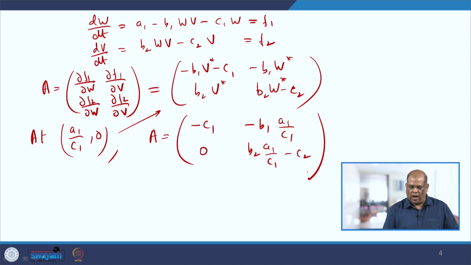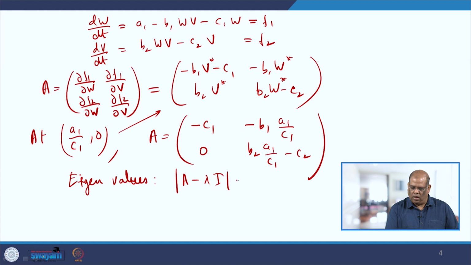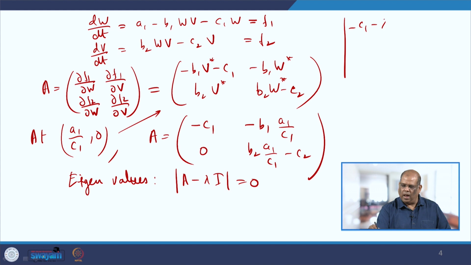If I want to calculate the eigenvalue, which is straightforward, A minus lambda I equal to 0. So, I get minus C1 minus lambda, minus B1 A1 by C1, 0, B2 A1 by C1 minus C2 minus lambda, and this equal to 0.